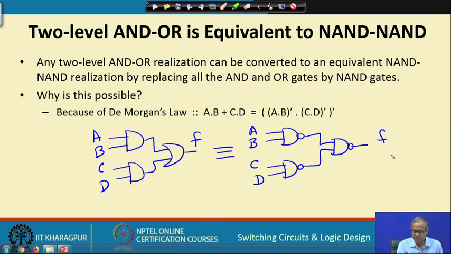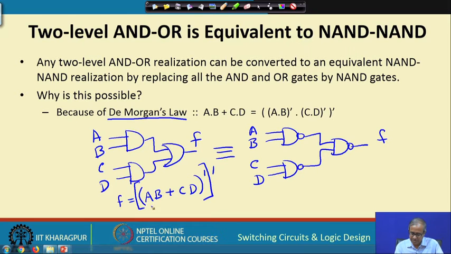Now, the proof comes from DeMorgan's law. If I have this function f, what does it realize? A B or C D. Now, I can do a double complementation, complement of complement, in 2 steps. The inner one I can apply DeMorgan's law to, something or something bar.